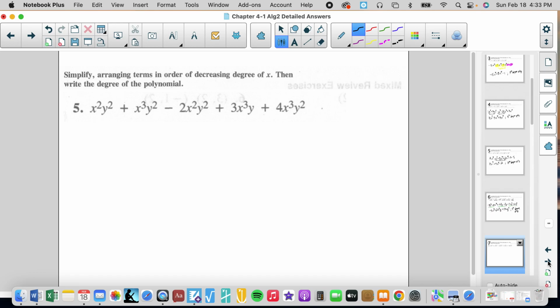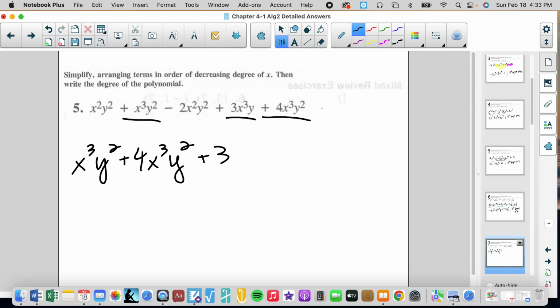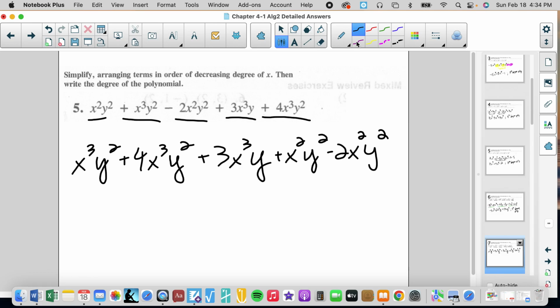So let's do this. This is going to be my first term, x to the third y squared. Then we have a matching term or a like term. And then we have this one, which is not like it, even though it has x to the third, but it's y to the first. And then we have x squared y squared. And we have negative 2x squared y squared. So like terms and like terms.